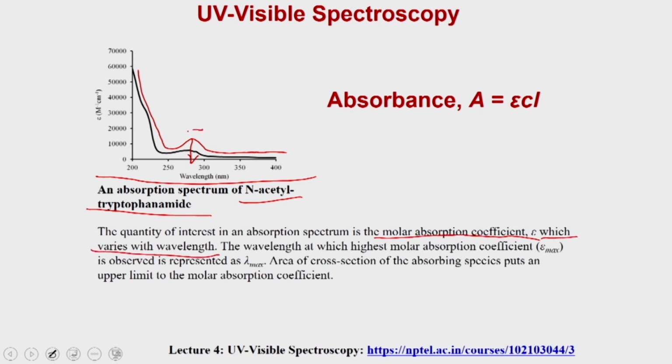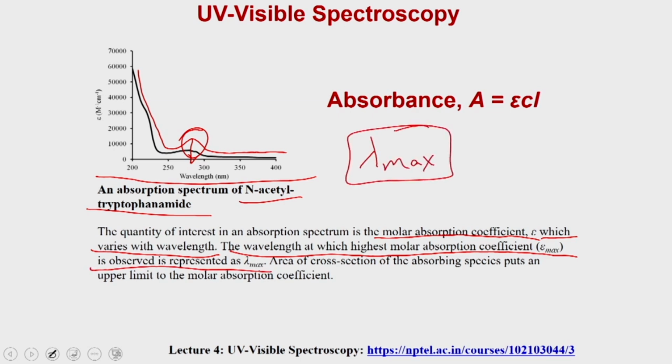So, at the lambda max, whatever you get is the molar absorption coefficient which people normally use. The wavelength at which the highest molar absorption coefficient is observed is represented as the lambda max, and that is the molar absorption coefficient mostly people use, because that is going to give you more accurate values.